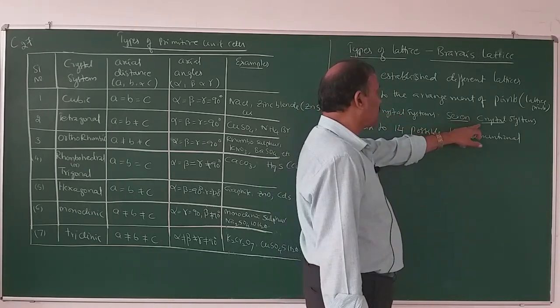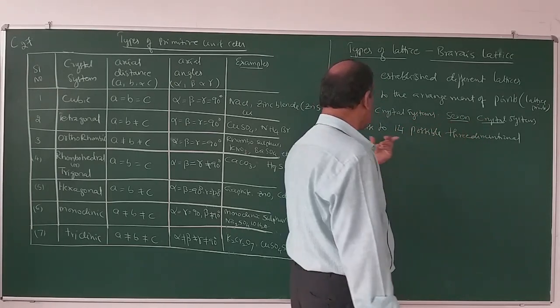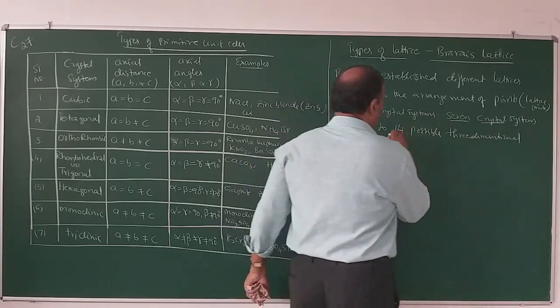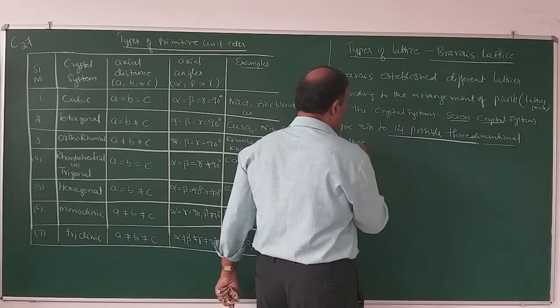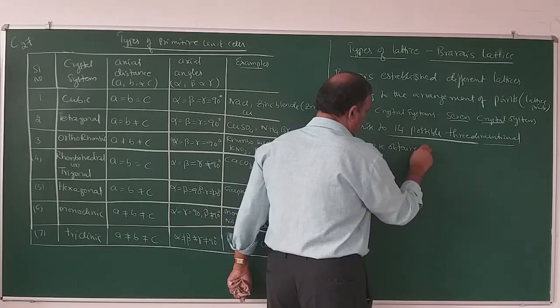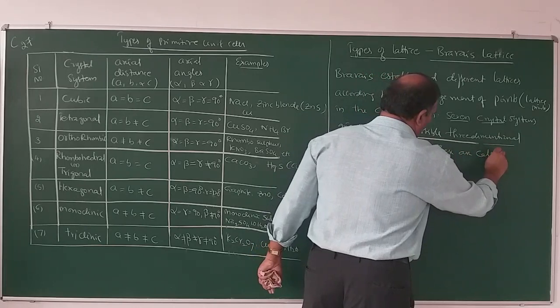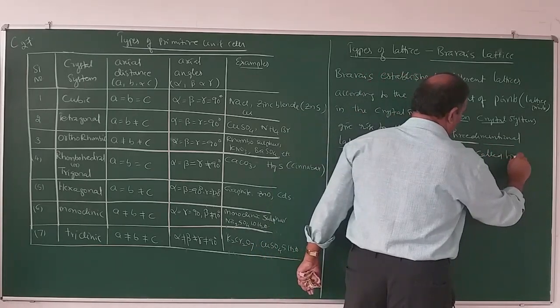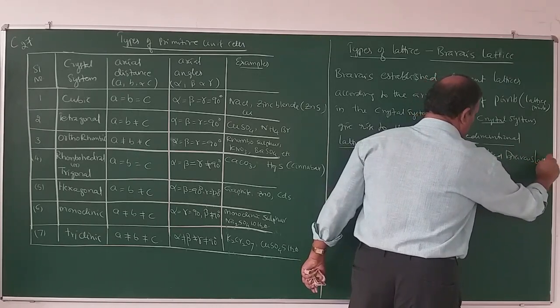So when we arrange the points in 7 crystal systems, 14 possible 3-dimensional lattices are obtained. These are called Bravais lattices.